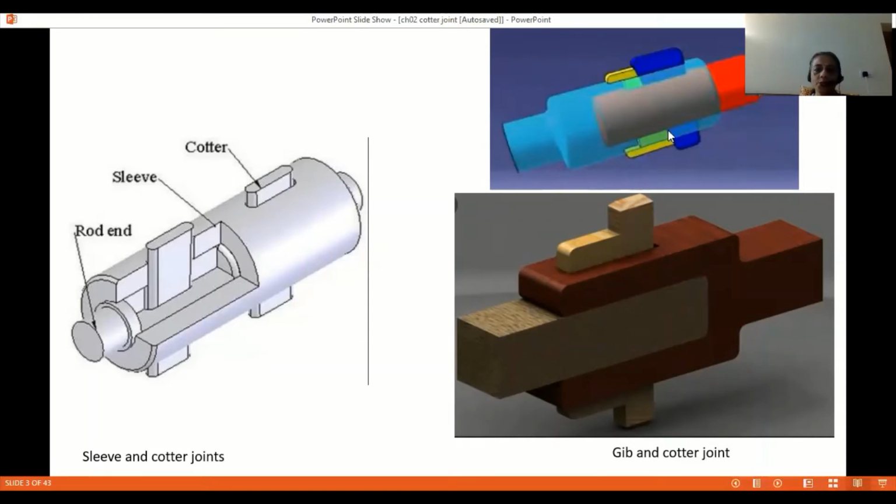A gib is used to provide more area so that there will not be friction, and the slot of the quarter will be saved from rupture. So the gib is inserted. This is for a circular gib and quarter joint, and this is for a rectangular gib and quarter joint. This part is a gib and this part is a quarter.